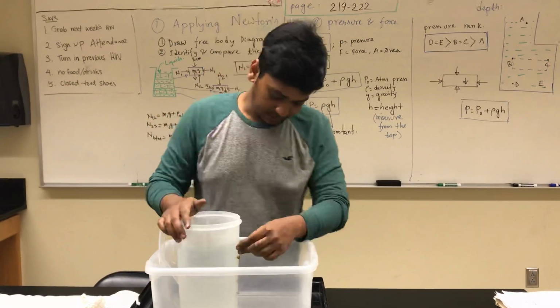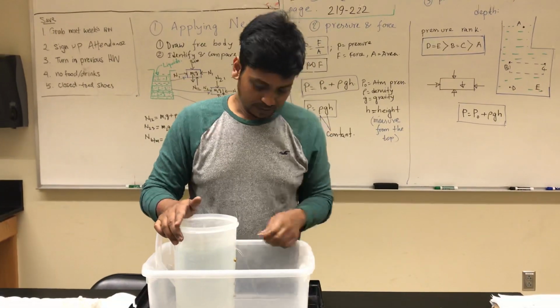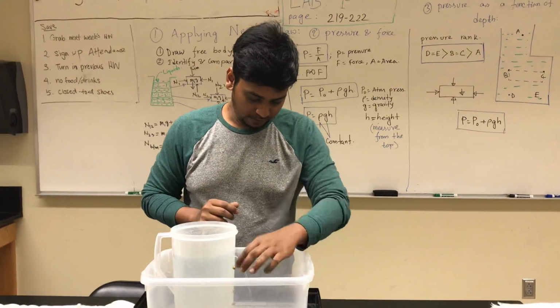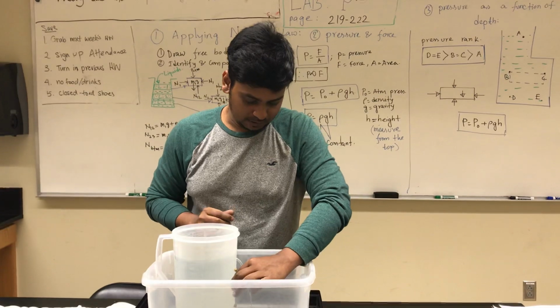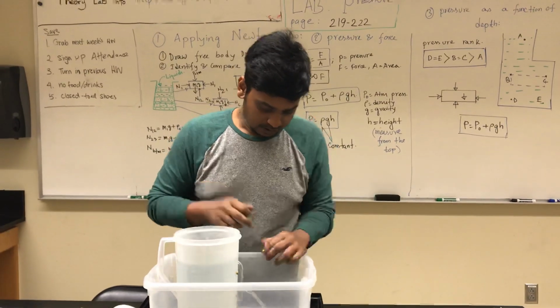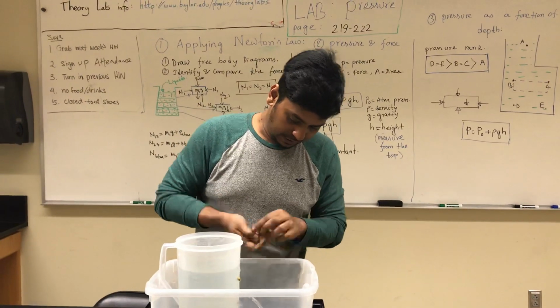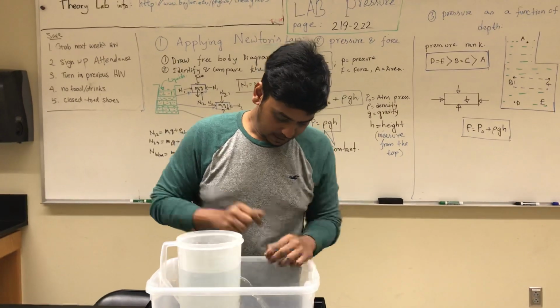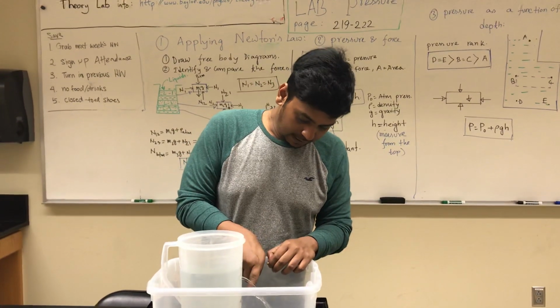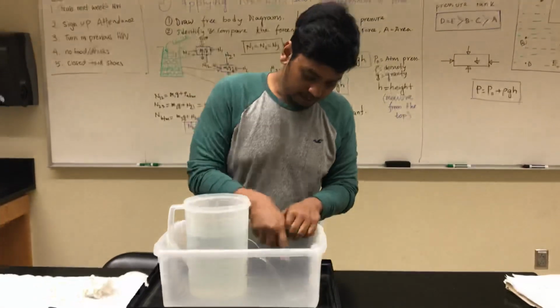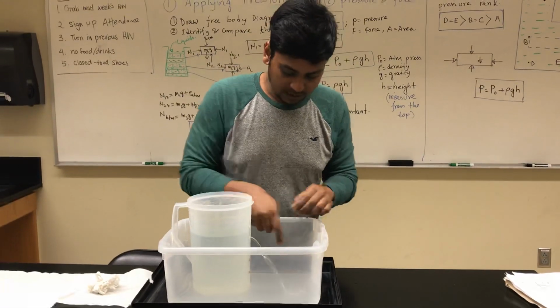So let's demonstrate this. If I open this, you can see where the water is going. If I open this one, for more, I can open this. Yeah, you can see this layer's water is pouring more outside than this.